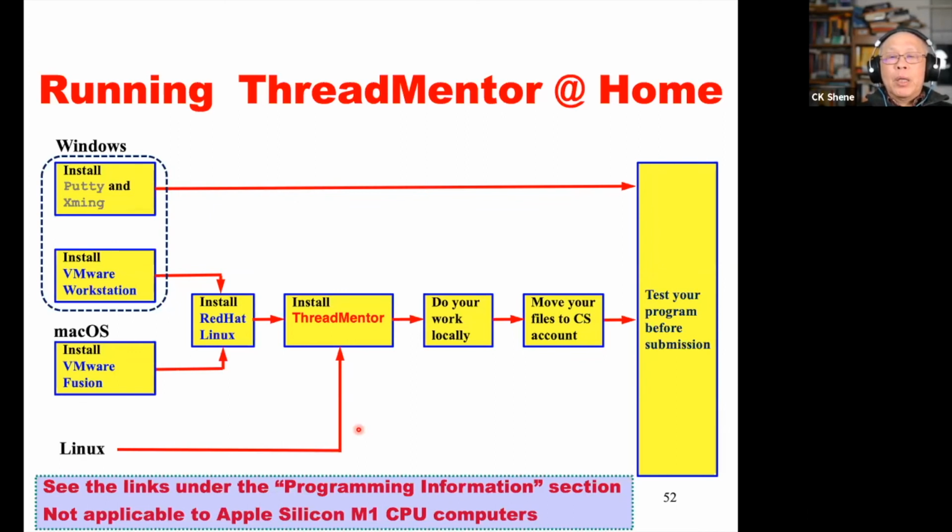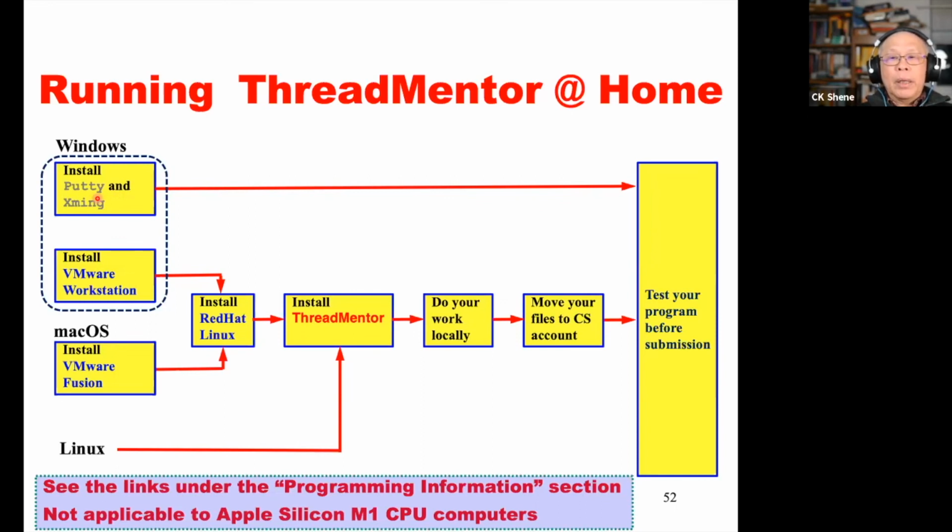Some people may use a dual boot system, Windows and Linux, or Windows and Mac OS. But anyway, let me provide you with a flowchart. If you are using a Windows-only machine, Windows, of course, cannot run Linux programs. So you need to install two programs. PuTTY is just an SSH application for you to log into a CS machine.